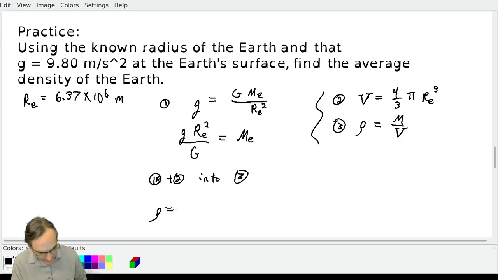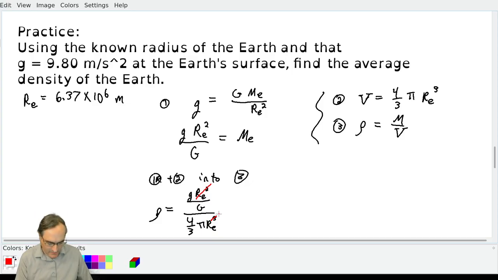So the density of the Earth should be little g radius of the Earth squared over big G divided by 4/3 pi r cubed. And we do get some nice cancellation here. We've got a radius squared on top and we've got a radius cubed on the bottom. We can cancel 2 of those r's out, leaving just an r on the bottom.